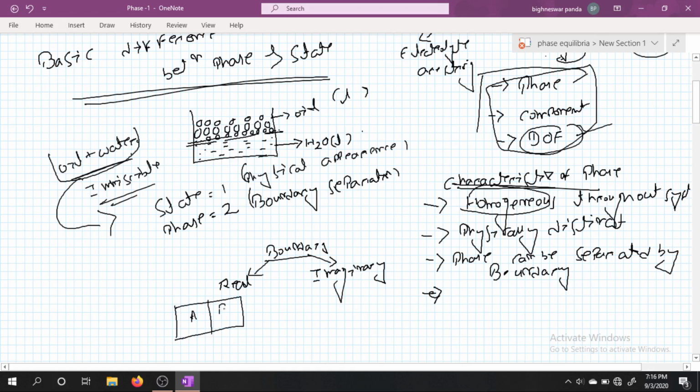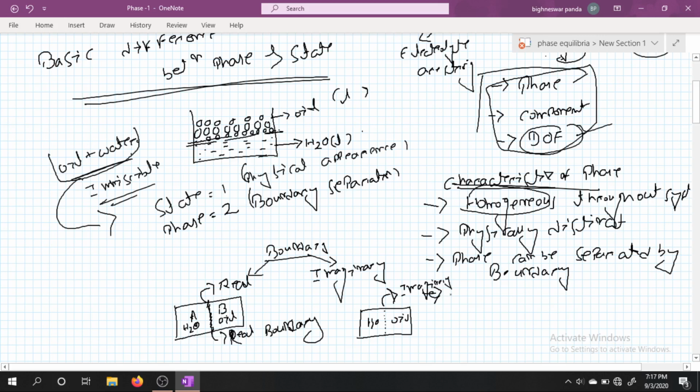Here is block A, here is block B. In block A, I put water. In block B, I put oil. And these two are separated by a boundary. So this is our real boundary. But if I remove this boundary, then the system is like this. As they are immiscible liquids, there will be an imaginary boundary.